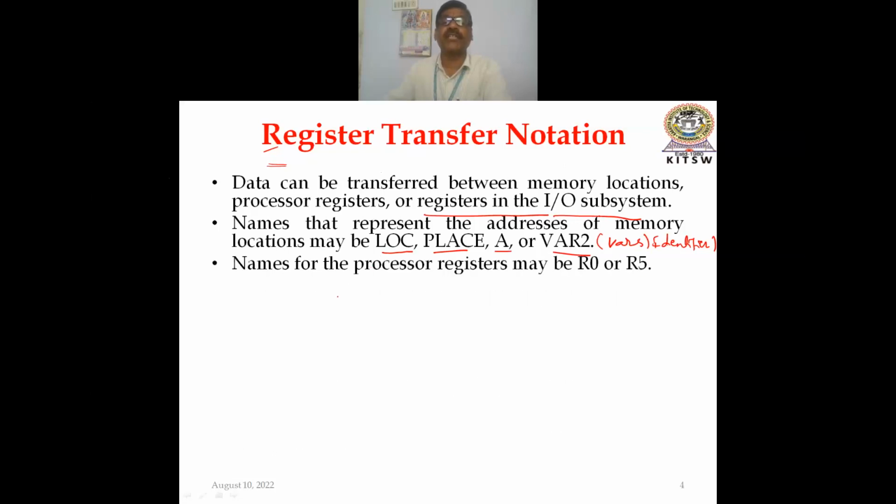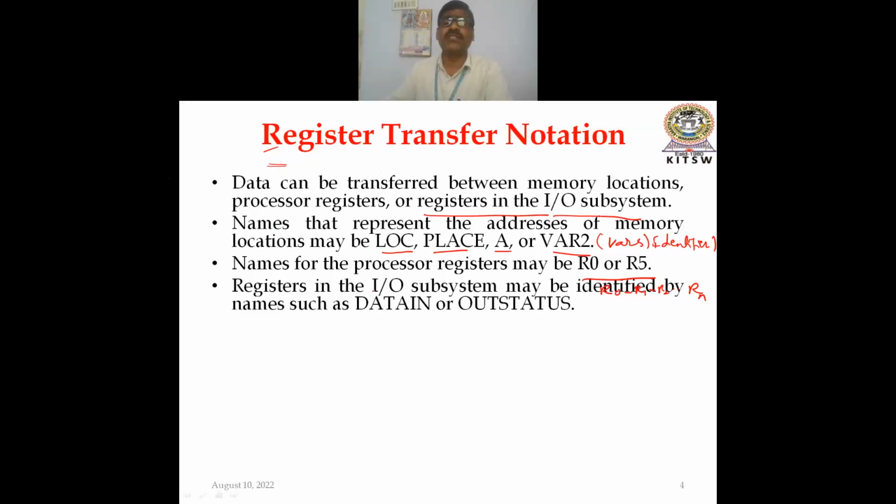Then the names for the processor registers: in every processor we have the registers R0, R1, R2 like that, up to Rn. So n general purpose registers will be there, and we can use those registers.